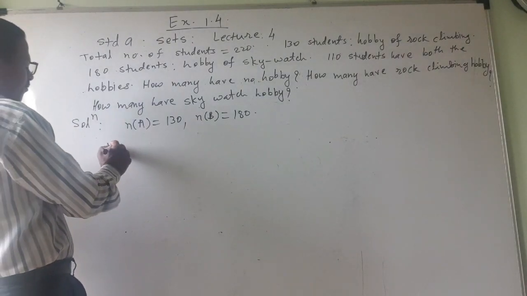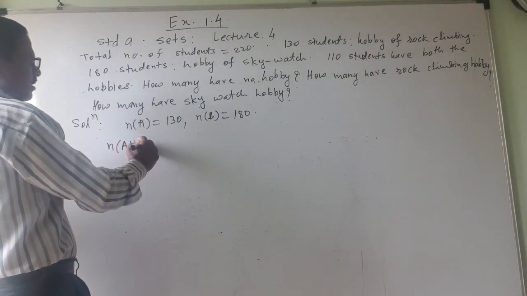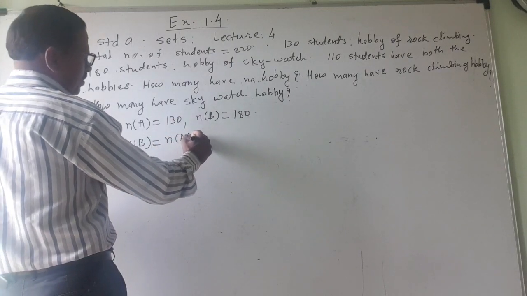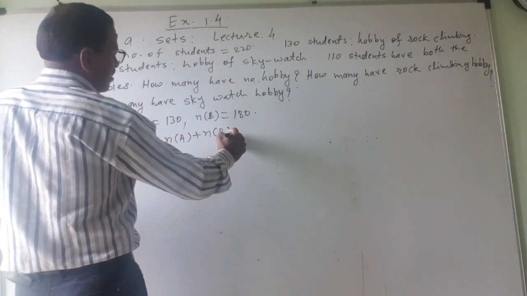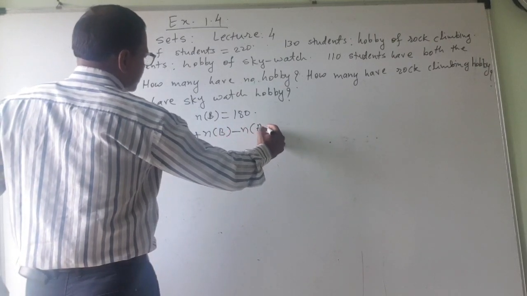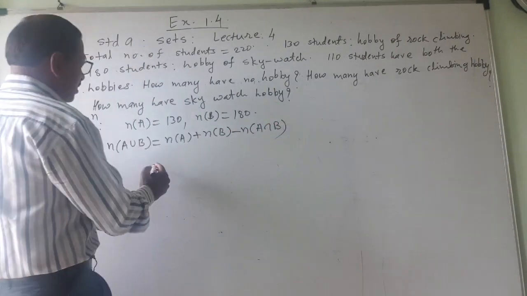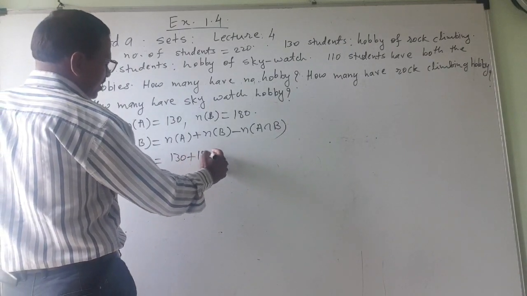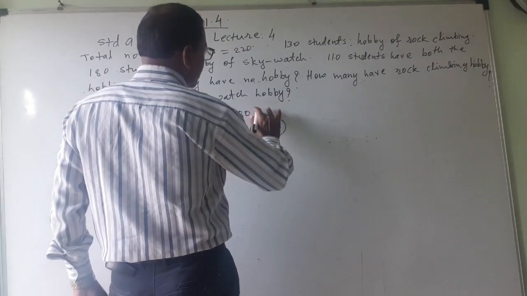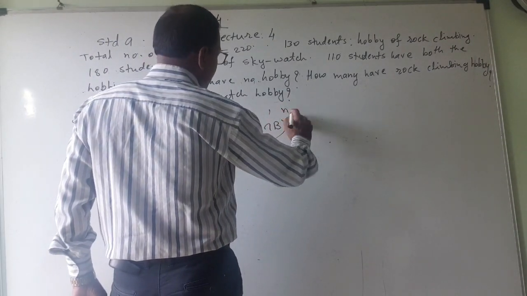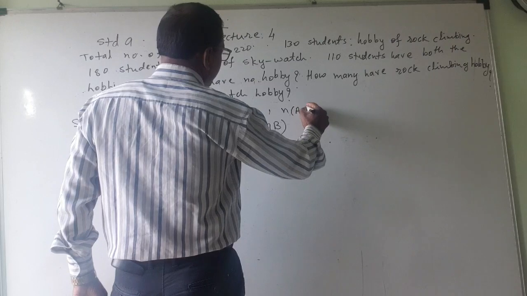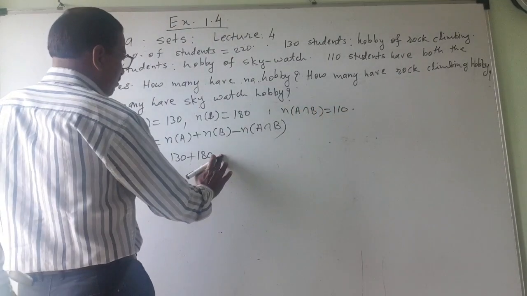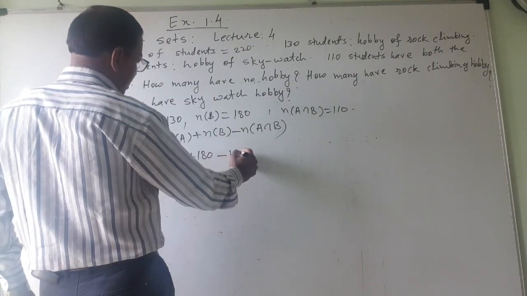Now N of A union B is equal to N of A plus N of B minus N of A intersection B. That is equal to N of A is 130 plus N of B is 180, minus N of A intersection B, intersection means common, is 110.